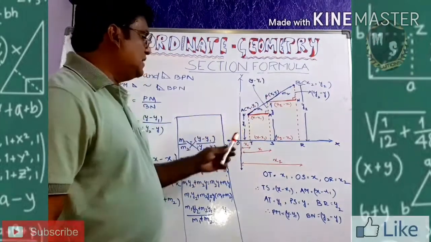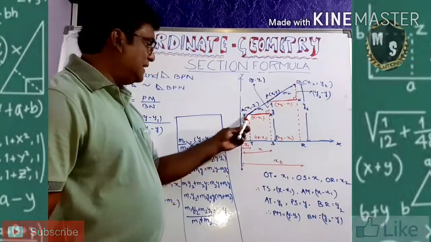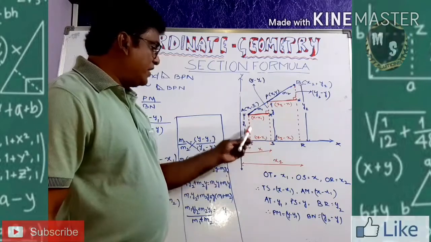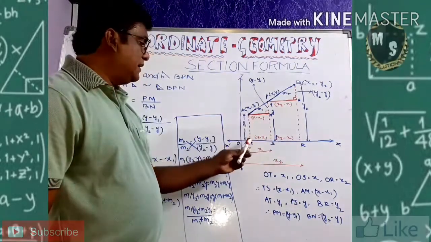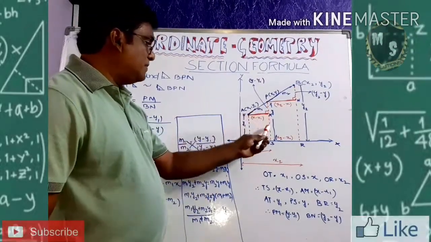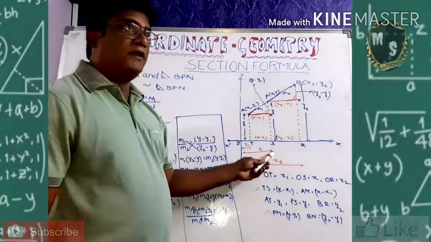Then what I did, see, I draw a perpendicular to the x-axis. That is A perpendicular T, that means AT is perpendicular to the x-axis. Then I drop another perpendicular, that is PS. PS is another perpendicular.